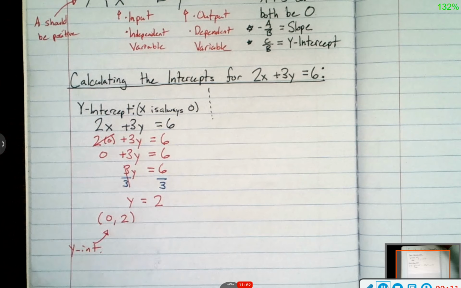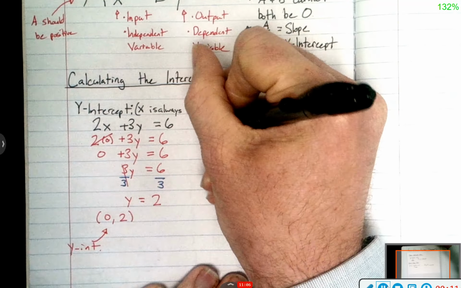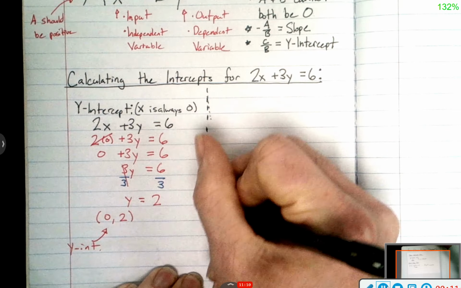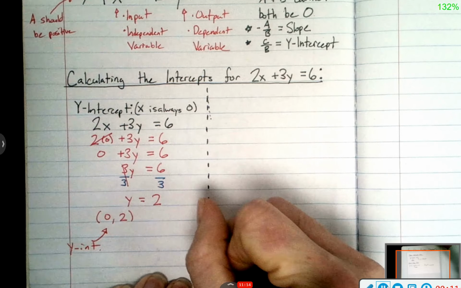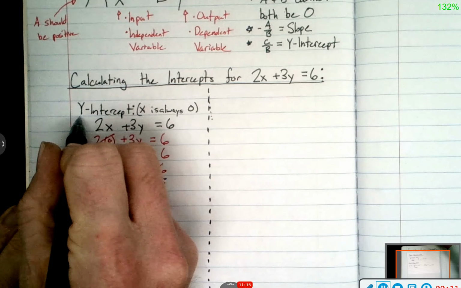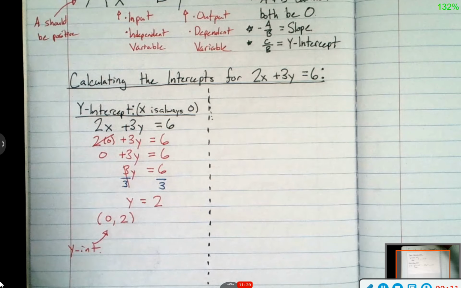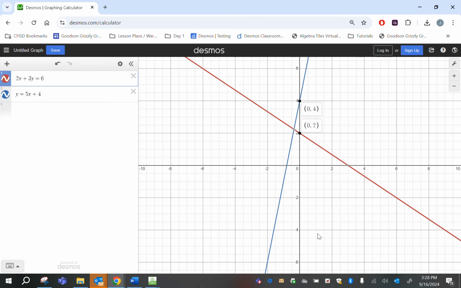All right. So now what we're going to do is the same idea, but this time we're going to be looking at our x-intercept. So we did it on the left. With the y-intercept, something was always true. X is always equal to 0. Well, let's take a look now at an x-intercept. We haven't looked at the x-intercept too much so far, but maybe you can imagine what the x-intercept means in a given equation.